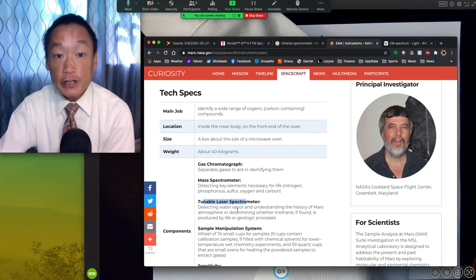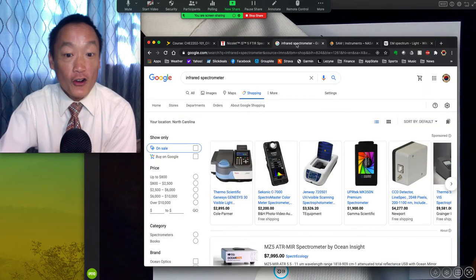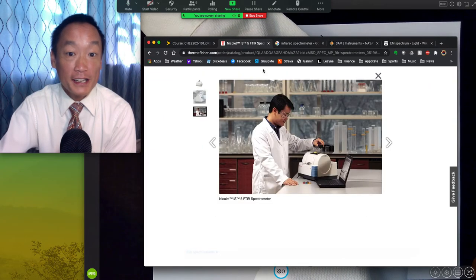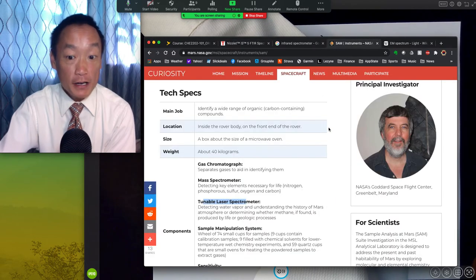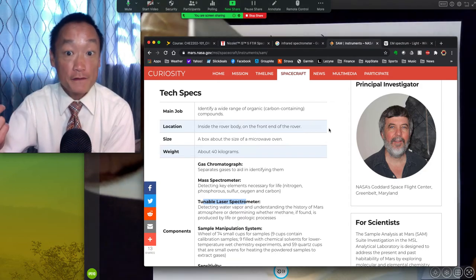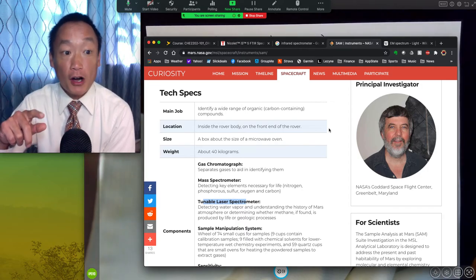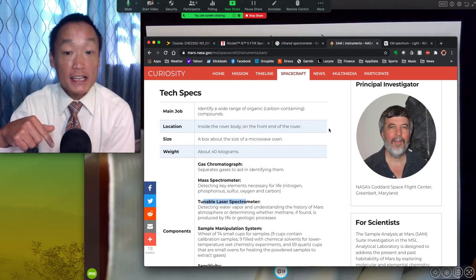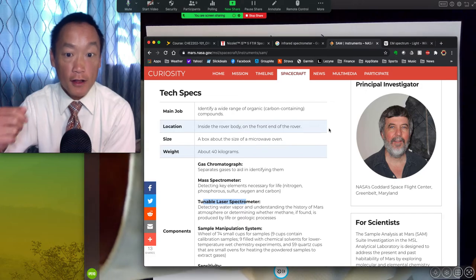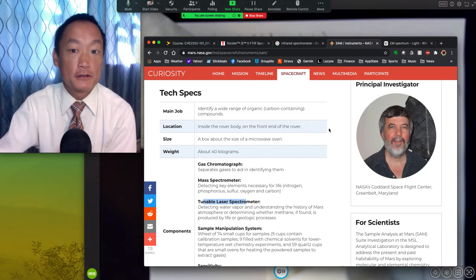You can only imagine the journey of that spectrometer: putting it inside a rover inside a rocket, shooting it off this planet, flying it through space, dropping it onto Mars. It lands on Mars and is still fully functional. Scientists and engineers did this, and that's absolutely fascinating.